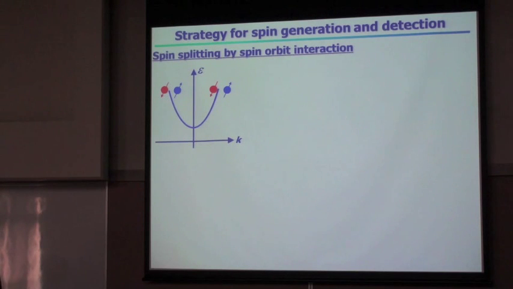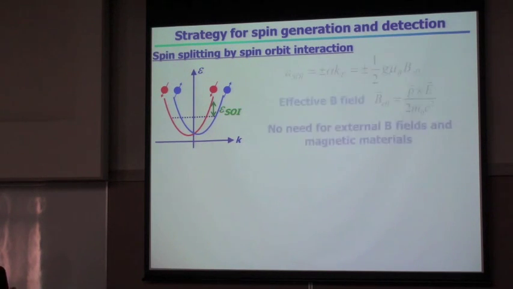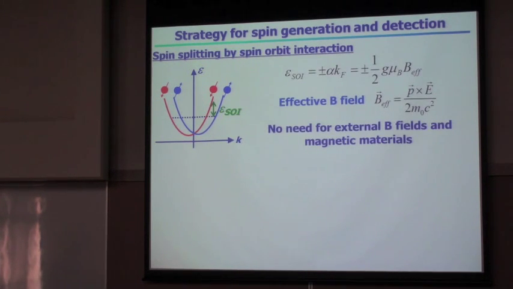However, when the spin-orbit interaction becomes strong, then the spin up and spin down subbands are split in the k vector direction, and there is some finite spin splitting energy called E_SOI. And this spin splitting energy is simply described by the parameter alpha and also the Fermi wave number here.